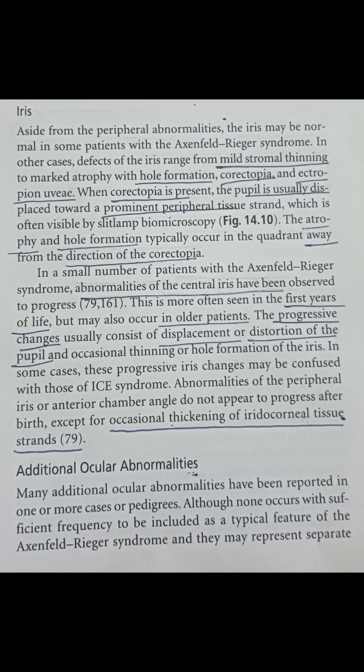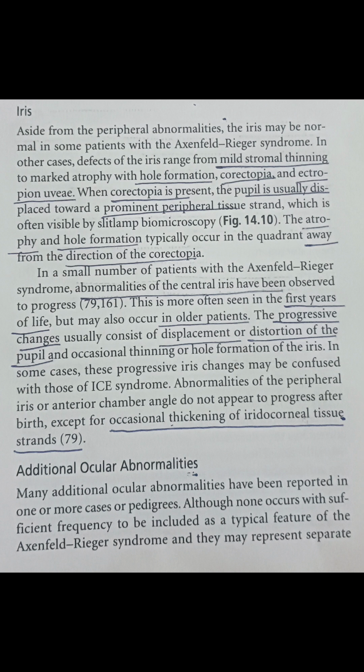In some cases, these progressive iris changes may be confused with those of ICE syndrome. Abnormalities of the peripheral iris or anterior chamber angle do not appear to progress after birth, except for occasional thickening of iridocorneal tissue strands.